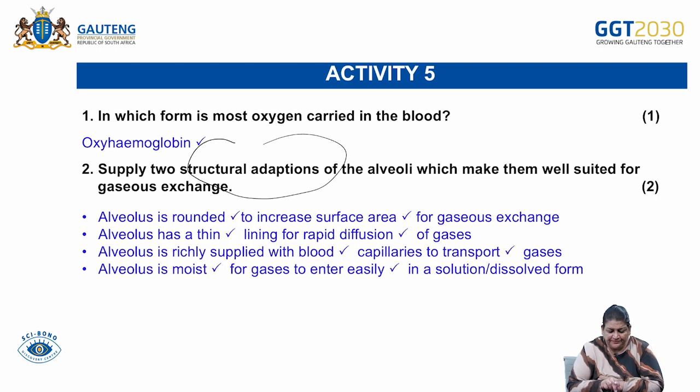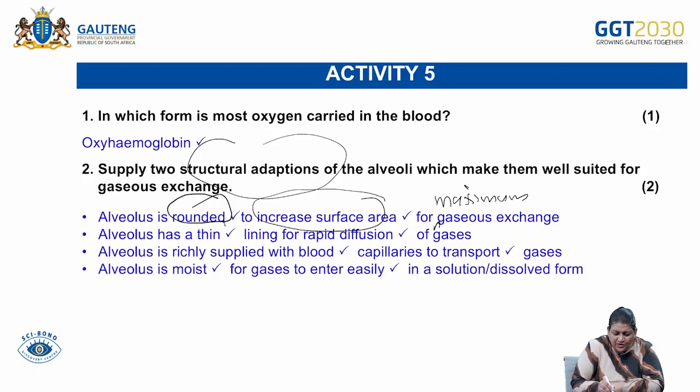And you say exactly how it fits into the lung. So let's see, there are so many you could choose from. First of all, the alveolus is rounded to increase the surface area. For what? For maximum gaseous exchange, okay? The alveolus is thin.